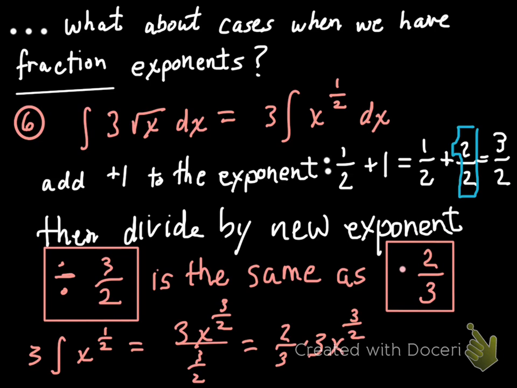You see that top-bottom relationship with the 3's cancel. Your final answer will be 2x to the 3/2 power plus that constant c. All right, so that's a scenario when you have a fractional exponent, and you've got to know how to divide by fractions, the same as multiplying by the reciprocal. Make sure you've got those lines of reasoning in order.